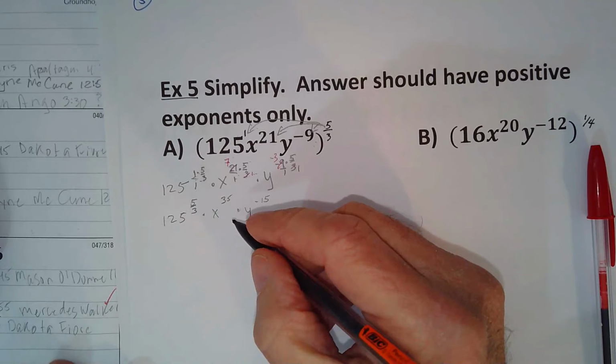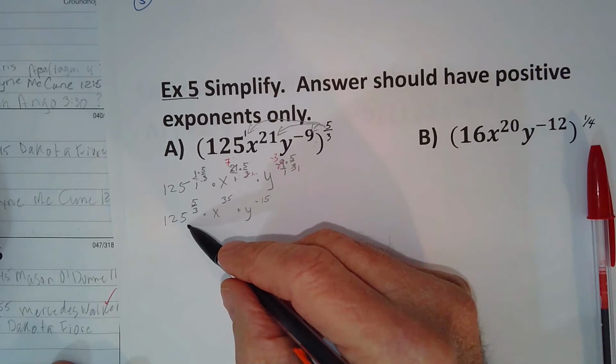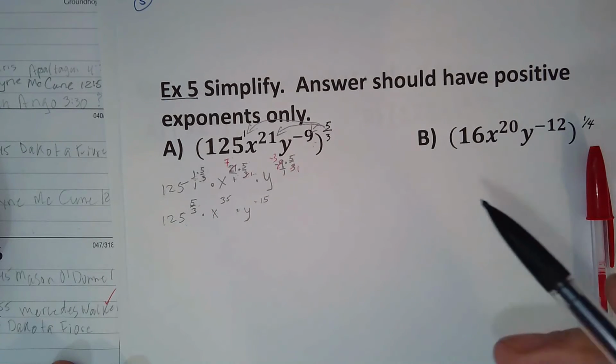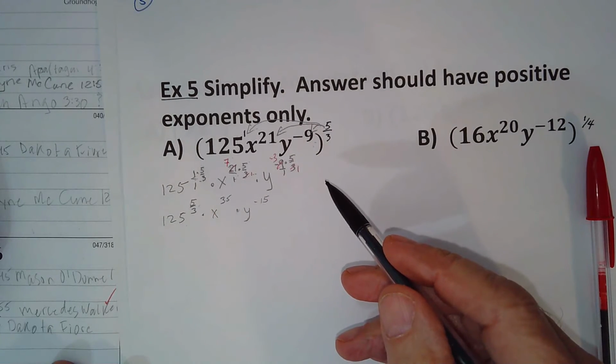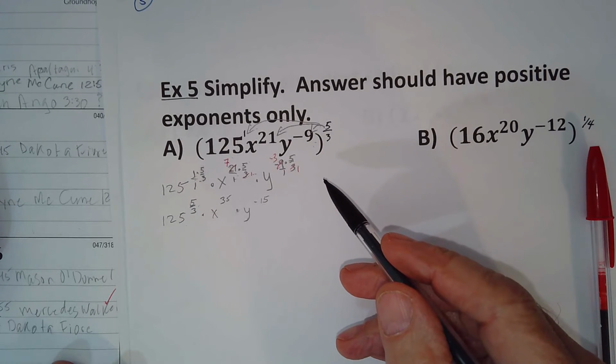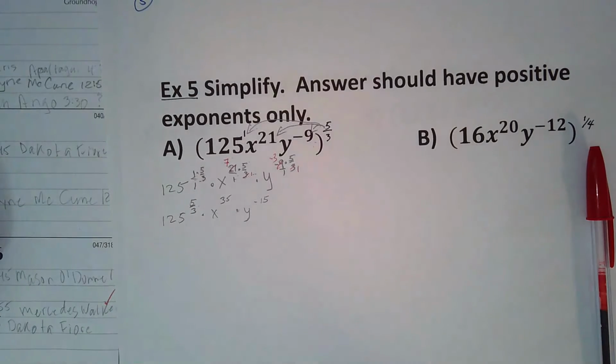So now I'm going to take this 125 to the 5/3 and turn it into a radical. Why? Because I want to make sure that I've got a number that is in simplified form.